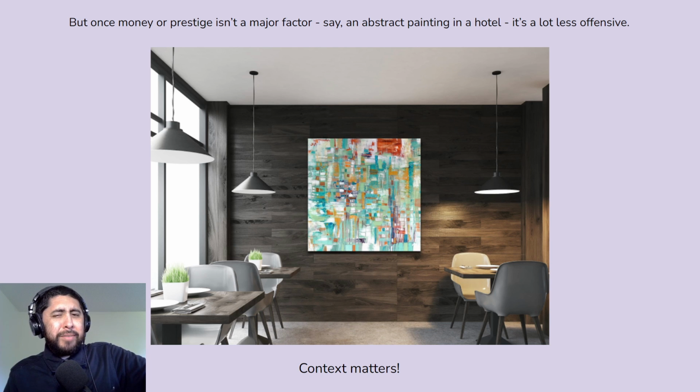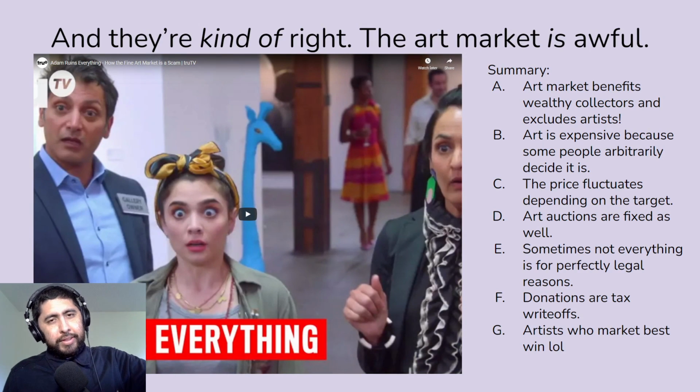It's still an abstract painting. So it's something where the context does matter and affect people's perceptions about it. And again, money is a huge part of this because why would someone pay that much money for a painting? Well, for most of us, it's a rich person's game.